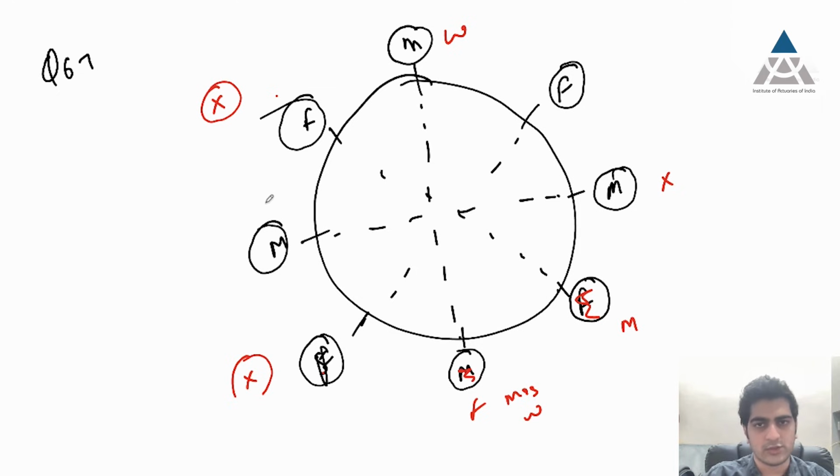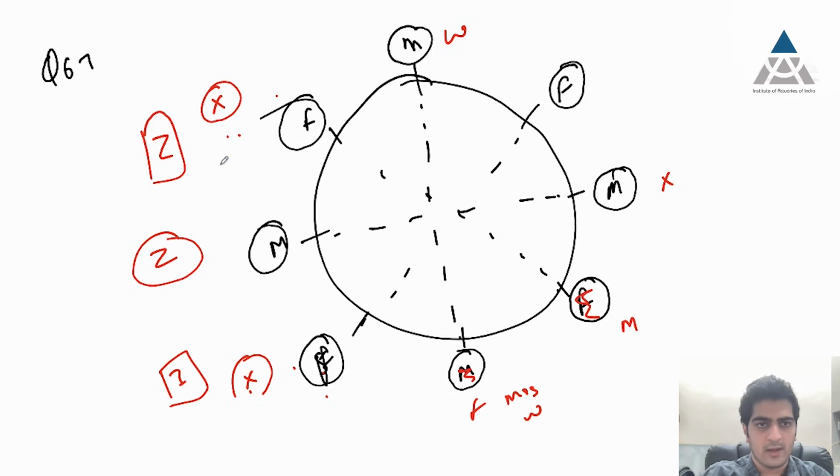Because if Z's are next to each other, and this is how W's are seated, then this is definitely Z, and this or this could be Z. Okay, so here you could have Mr. Z, Mrs. Z, here you could have Mrs. Z, which means either of these two could be occupied by Z. One of these, like the remaining one, is occupied by X, and Mr. X is, for example, here. This is one way in which this can happen. Z's could be here also, which means X would be on the other side, and things like that.